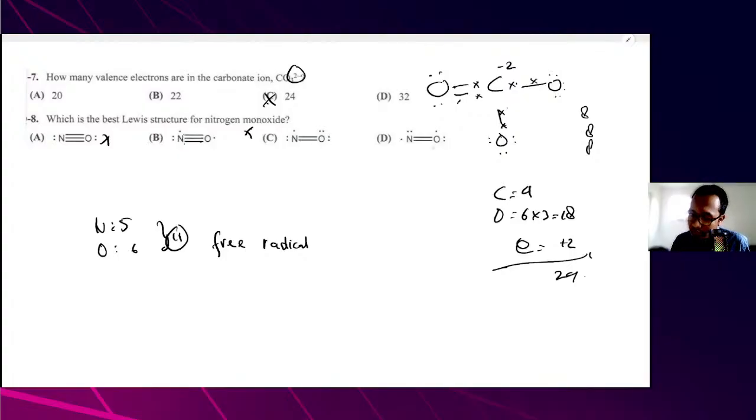Okay, this one is 11. So the answer will be C because it contains 11 electrons. So don't think too much. Just think, how many electrons are available over there first?